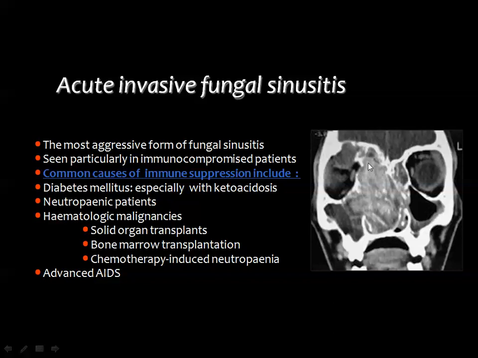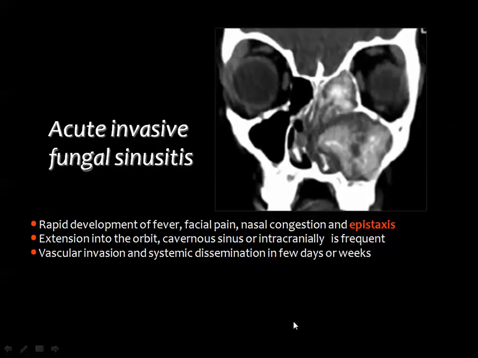They contain hyperdense material, and there is some encroachment on the frontal sinus and on the maxillary sinus as well. These hyperdensities are highly suggestive of the presence of fungus, and the presence of destructive changes in the adjacent bony margins is suggestive of invasive type of fungal sinusitis.